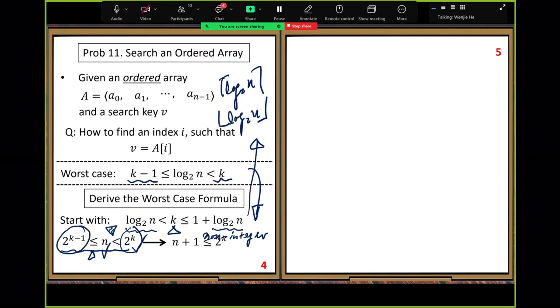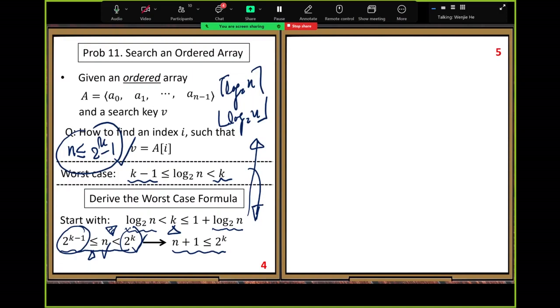So reduce the upper bound by 1: n is less than or equal to 2 to the k minus 1, which is equivalent to n plus 1 less than or equal to 2 to the k. Here we reduce the upper bound by 1 integer, because strictly less than means 2 to the k is at least 1 more than n.